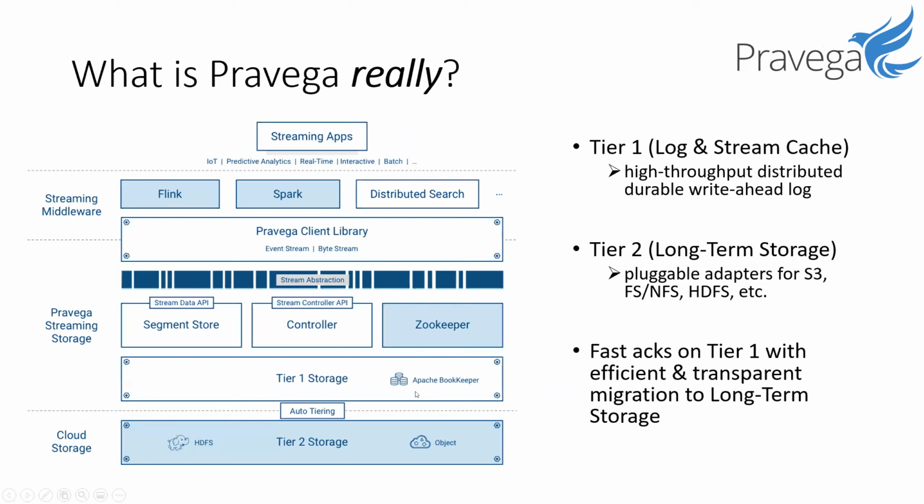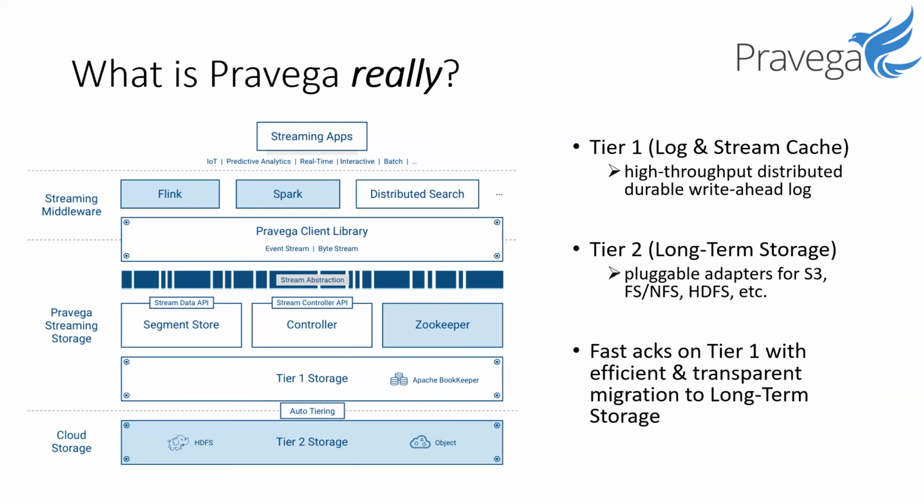Much like in typical journaled file systems, the log is used for recovery. In this tier 1 storage, the data lives in memory and it's acknowledged to the write-ahead log. Should we lose the segment store that's holding this data in memory, the write-ahead log will be used to recover the state of the segment store.